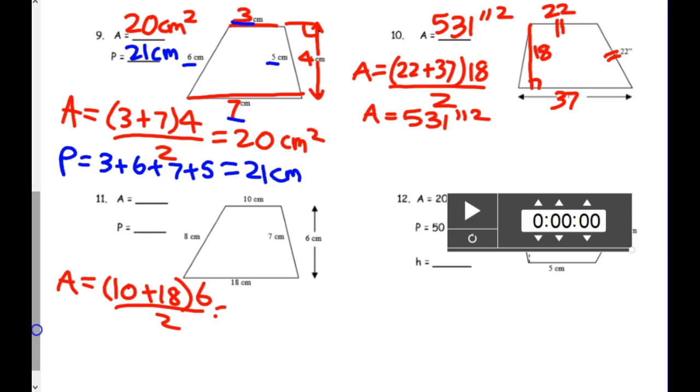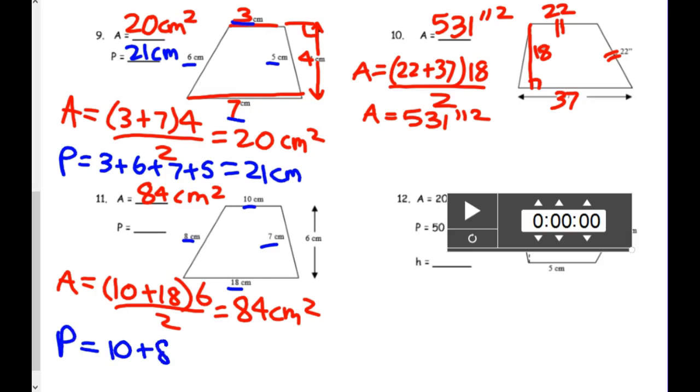Y'all should check that real quick. 84 centimeters squared. Now, what about perimeter? What do y'all think? Did y'all get 43? Yeah? All right, 43 what? Centimeter.